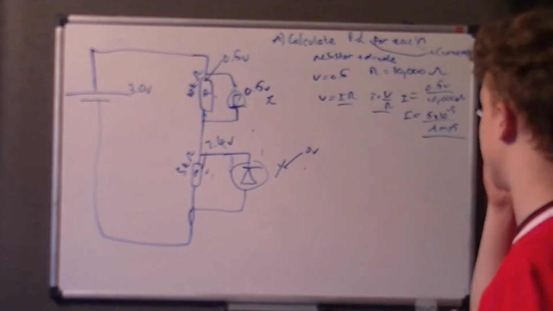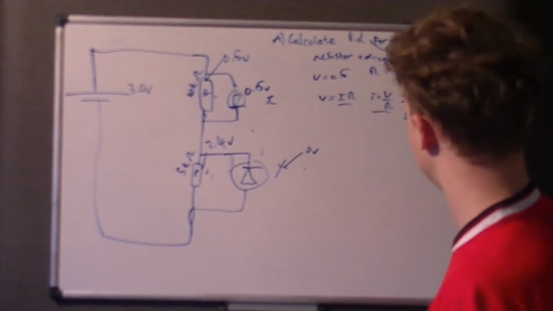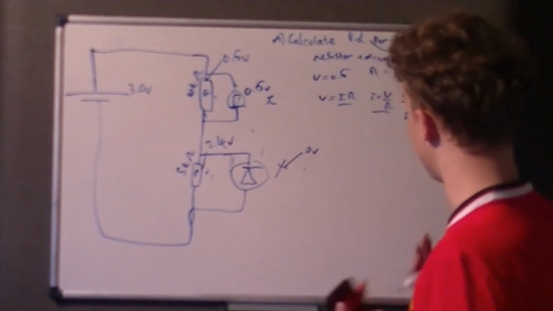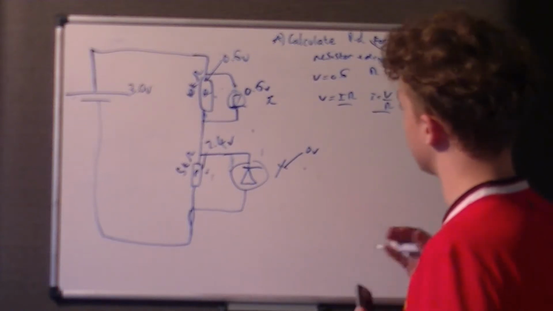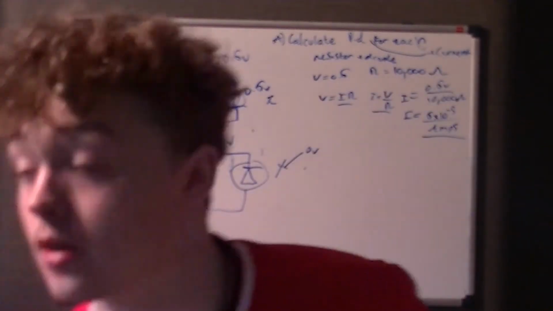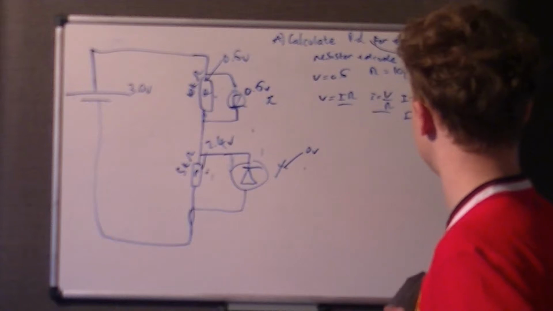It doesn't lose that as it goes round the circuit. So it's just the current at Q. And hopefully, if we work it out, that's going to give us the same current at R, hopefully. At P, is it?